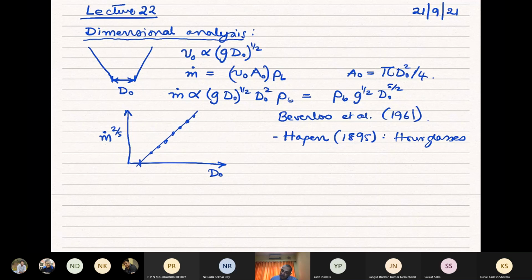So what does this mean? It means it's not that your orifice diameter has to go to zero for the flow to stop; it goes to some value, and this intercept is found to be proportional to k times the diameter of the particle.